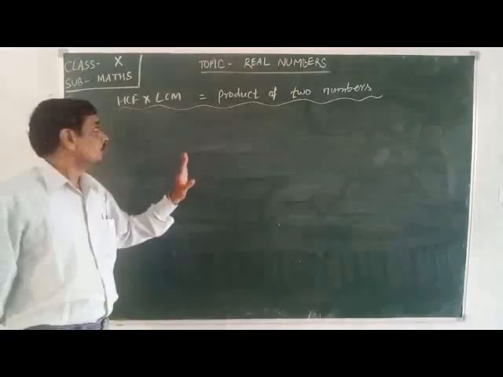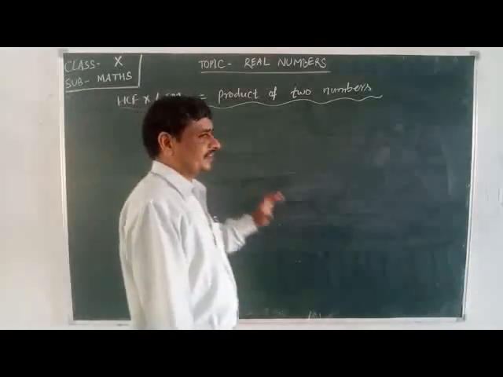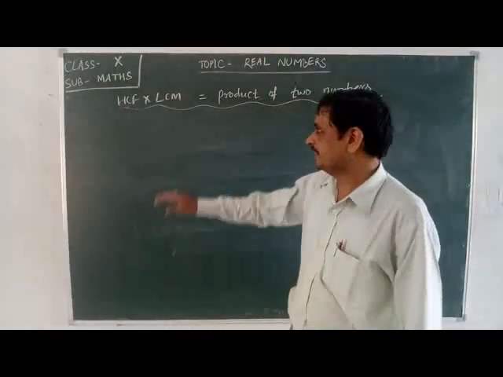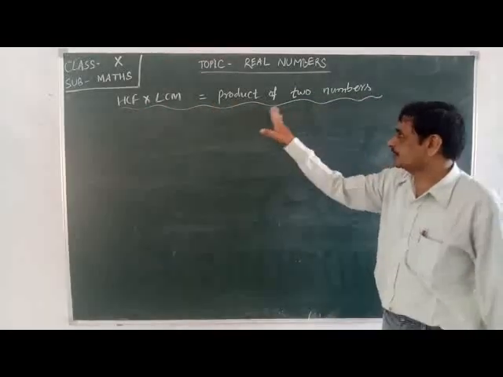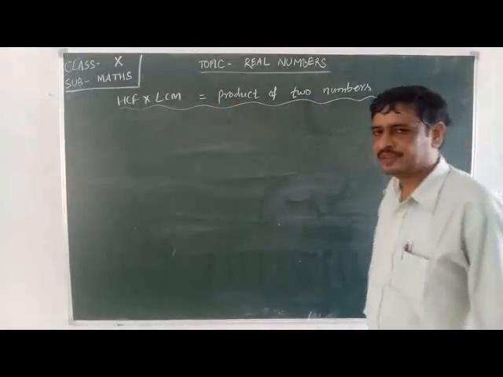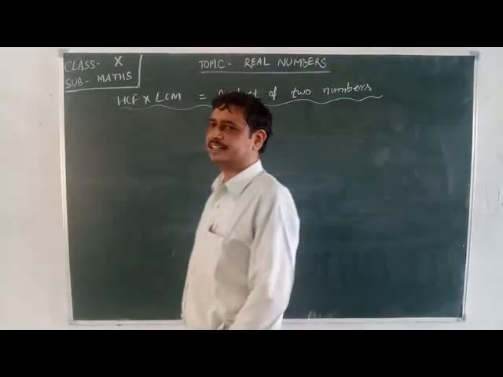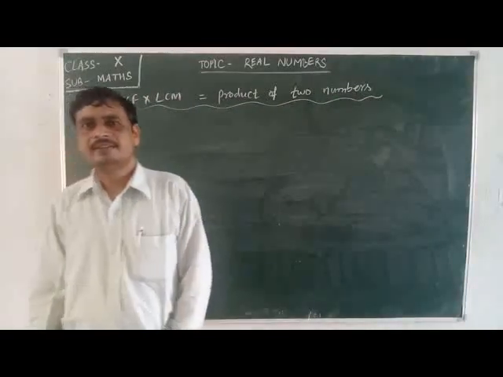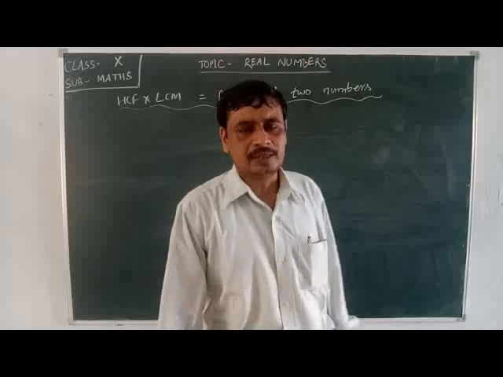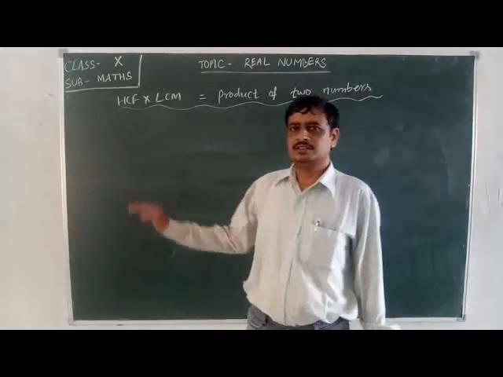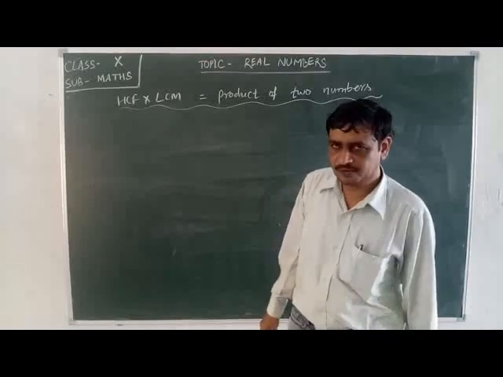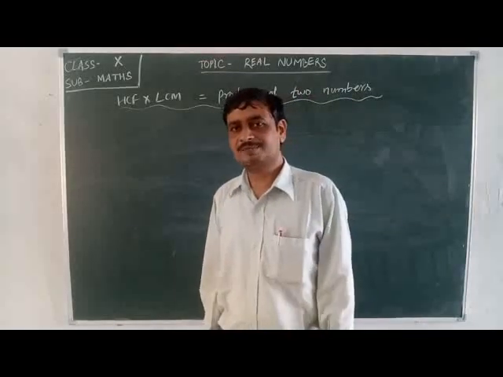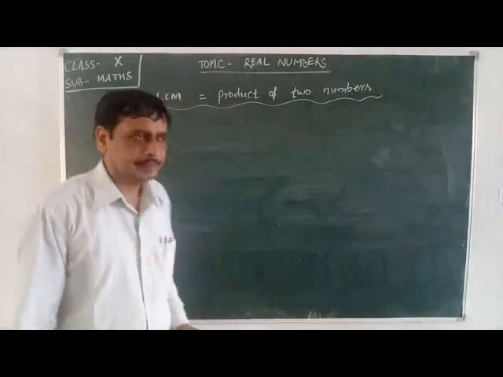Now we will verify that the product of HCF and LCM becomes equal to the product of two numbers. When we consider any two numbers, then the product of the HCF and LCM of both the numbers becomes equal to the product of those two numbers.